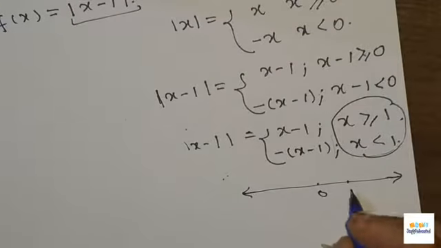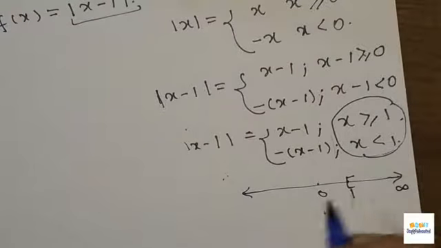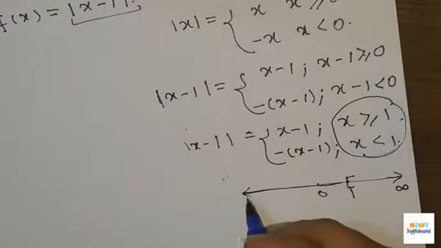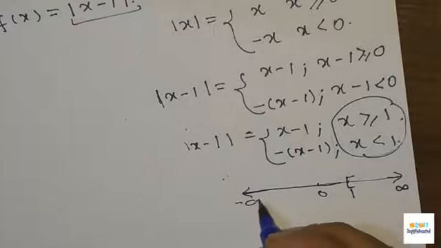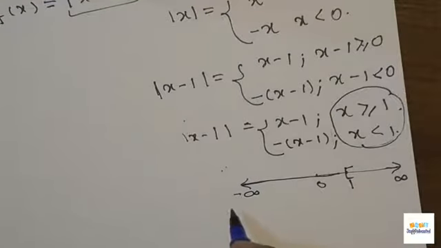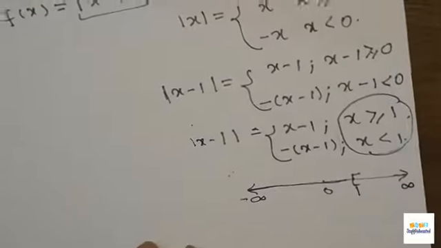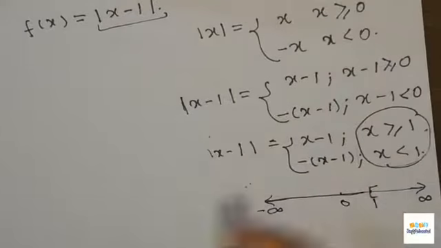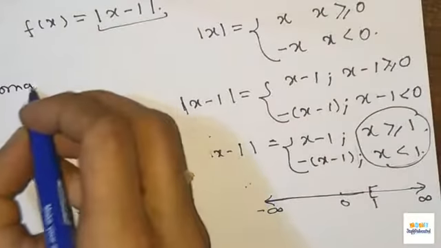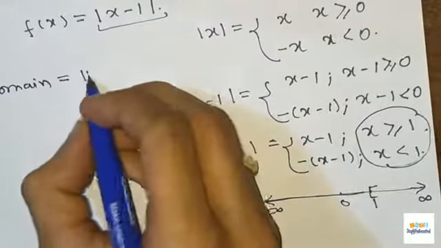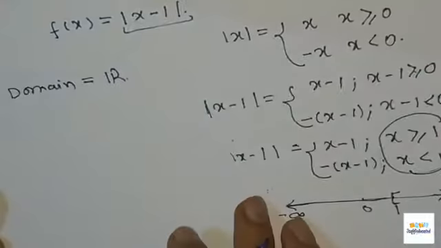If this is 0, if this is 1, x greater than or equal to 1 means this interval, 1 to infinity. x less than 1 means this interval, from minus infinity to 1, right? So what you are getting here is the entire real number line, that is the set of real numbers. So the domain of this function is nothing but the set of real numbers.